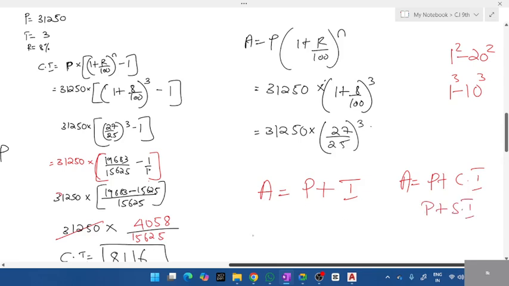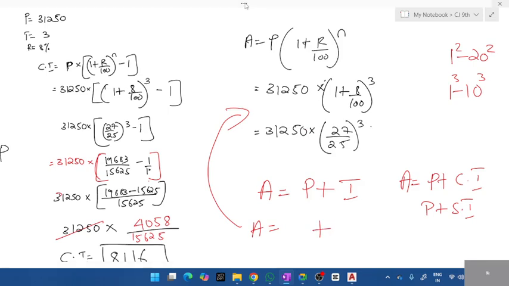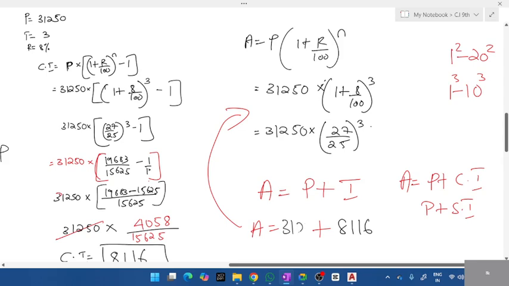See, now if I want to find the amount, I can use this formula. But we already found the interest, right? What is the compound interest? 8,116. What's the principal? What's the definition of principal? 31,250.